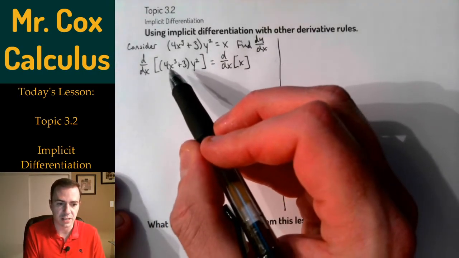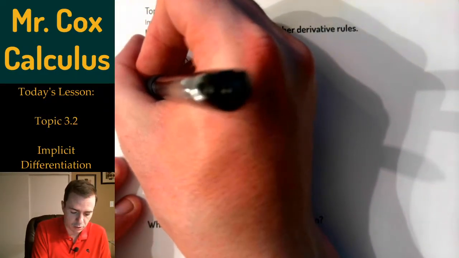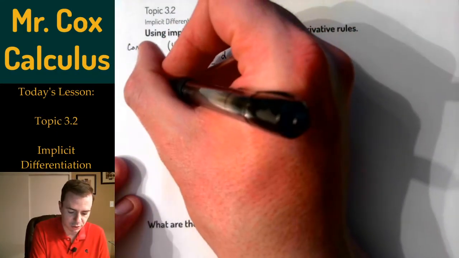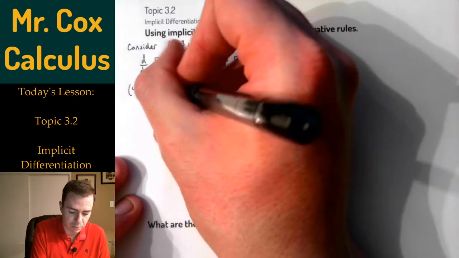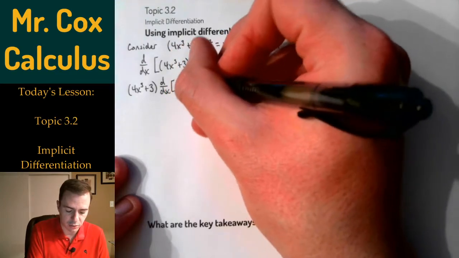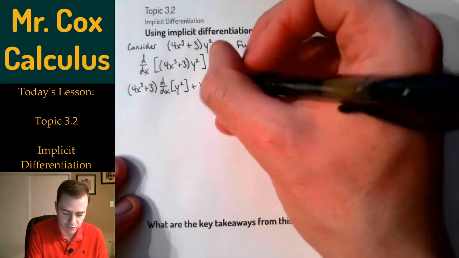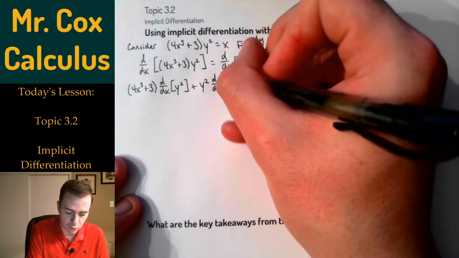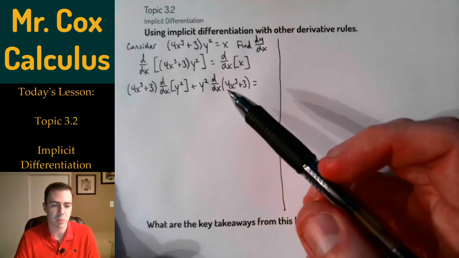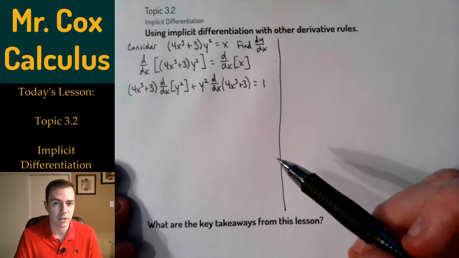What the product rule says, you'll recall, is that it's the first function, 4x cubed plus 3, times the derivative with respect to x of the second function, y squared, plus the second function, y squared, times the derivative with respect to x of the first function, 4x cubed plus 3. And it all equals the derivative of x with respect to x. And remember, the rate of change of x with respect to x is simply equal to 1.